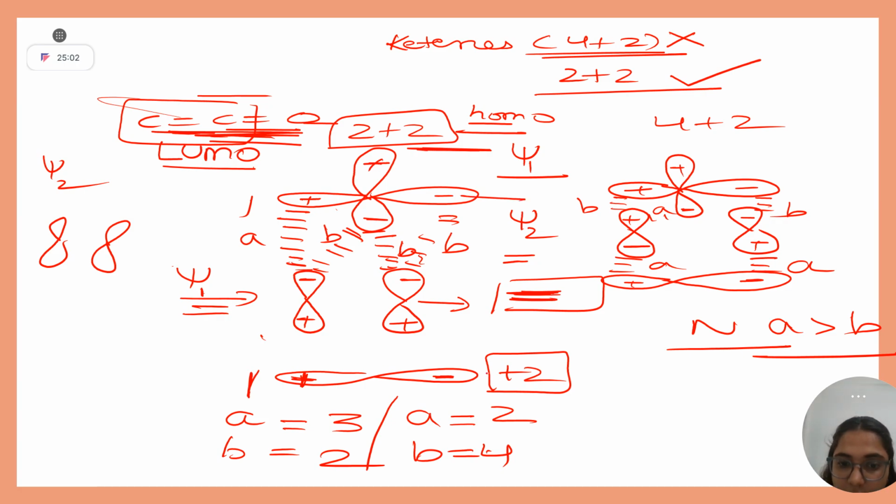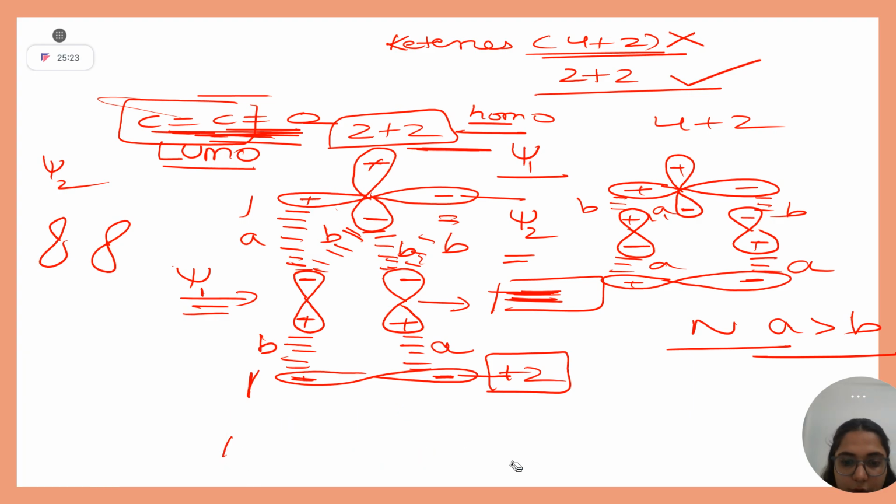These are orbitals of your ketene and these are orbitals of your olefin. Now see: positive, positive, bonding, and positive, negative: bonding or anti-bonding? Anti-bonding.